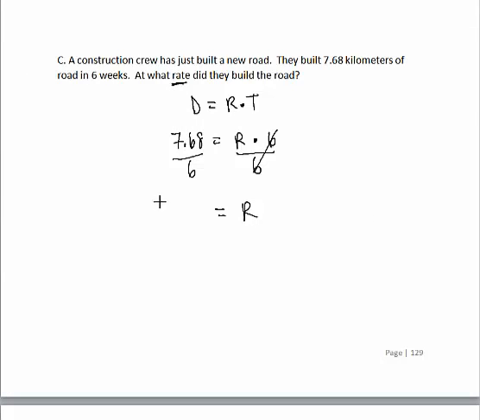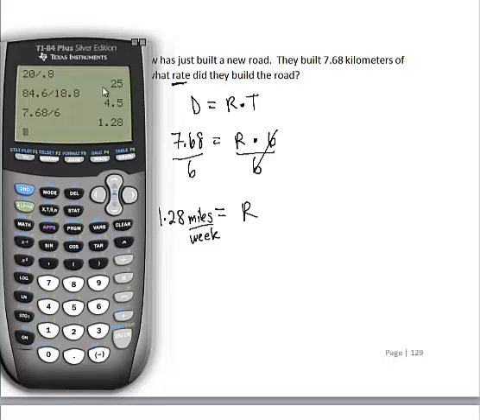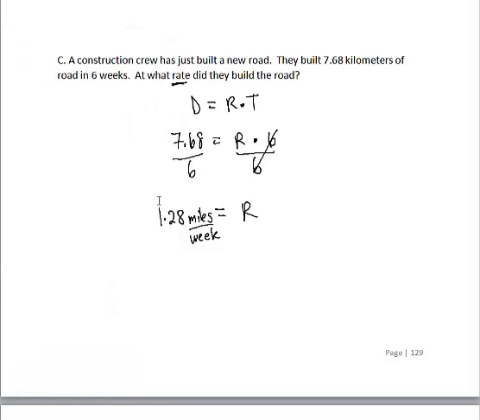And so another way of saying how fast they worked, instead of 7.68 miles in 6 weeks, we could say they built 1.28 miles per week. So this was their rate of work, or the speed at which they worked, instead of a speed at which they traveled. But the formula is still applicable.